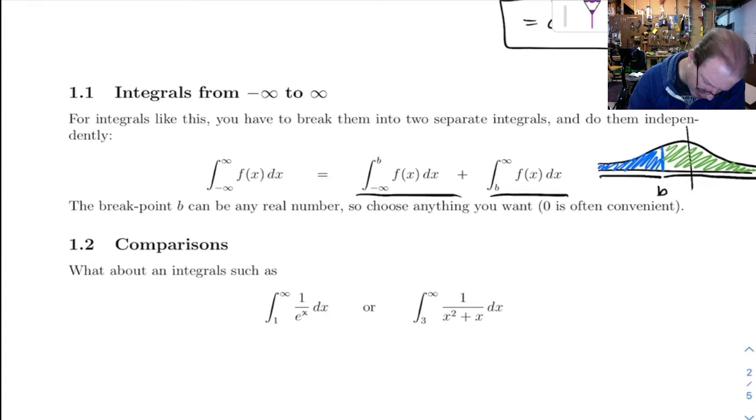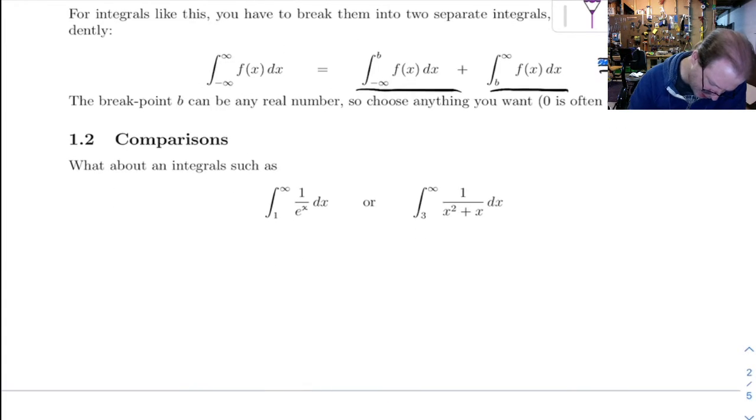All right, I also want to look at comparisons. I've got two integrals here, and I want to look at them individually. So how do you deal with something like this? Integral from 1 to infinity of 1 over e to the x dx. We haven't seen how to deal with that yet, but I want to look at it on Desmos.